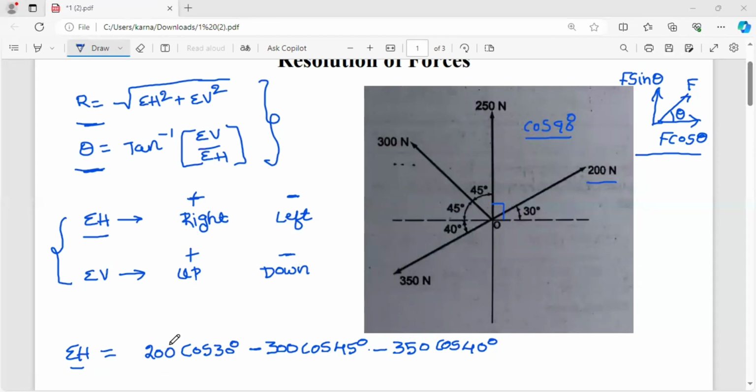Now, what is this 200 cos 30? 200 cos 30 degrees is 173.20, minus 300 cos 45, that is 212.13, minus 350 cos 40 degrees, then it will become 268.11.